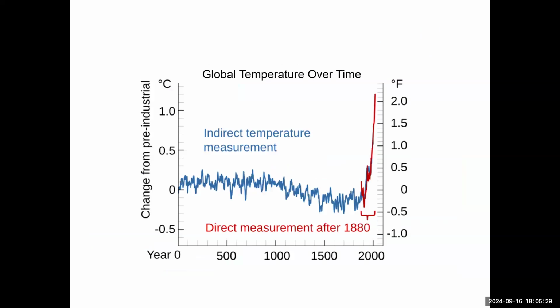Let me start with the temperature and recording of temperature. The development of today's thermometers and temperature scales began in the early 18th century. A man named Daniel Fahrenheit produced a mercury thermometer.